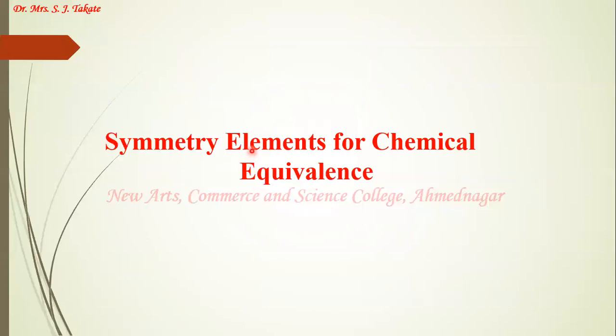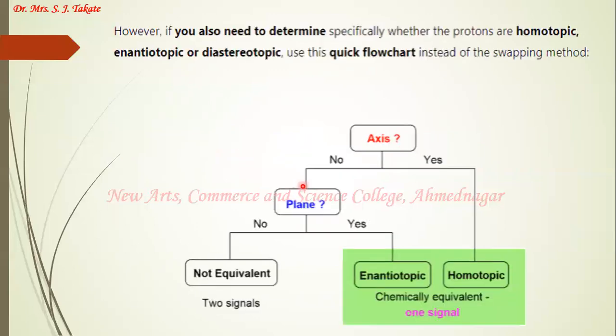Now, not only is the replacement test useful for detecting homotopicity, enantiotopicity or diastereotopicity, the symmetry elements are also used to check the topicity of the protons. Let us go.